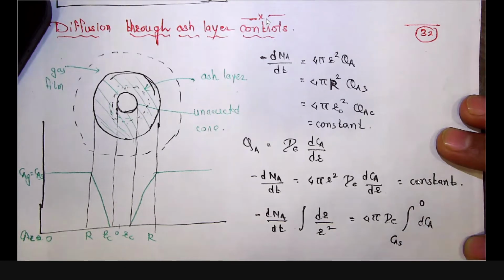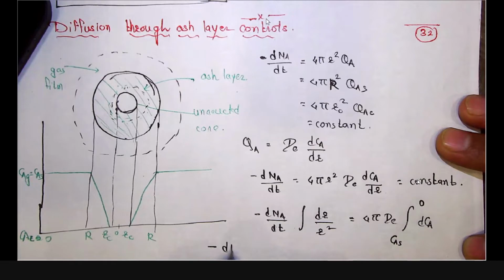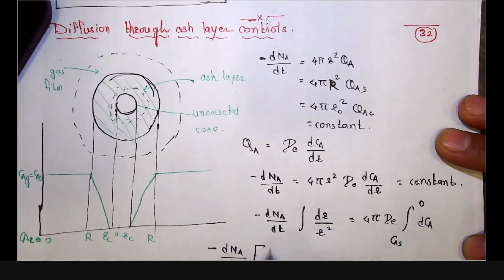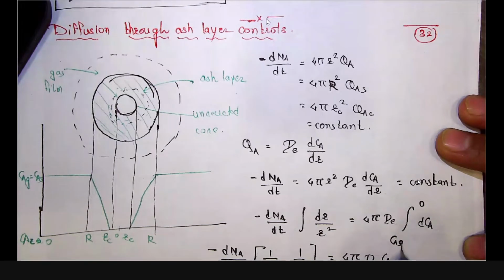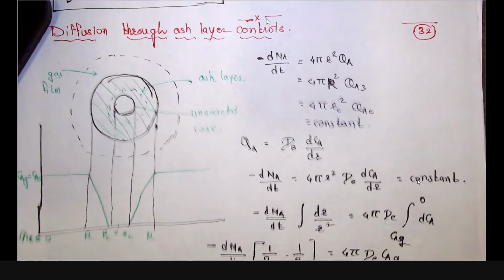So it will become minus dNA by dt, quickly you can write, this will become 1 upon RC minus 1 upon R, and this will become 4 pi DE CAG, is it? This CAS is nothing but CAG. So this way you can write this expression.